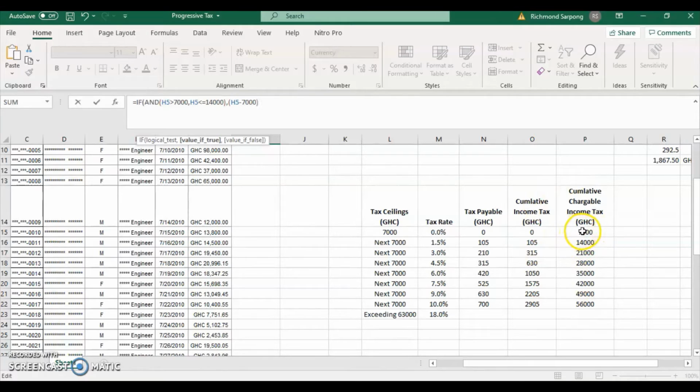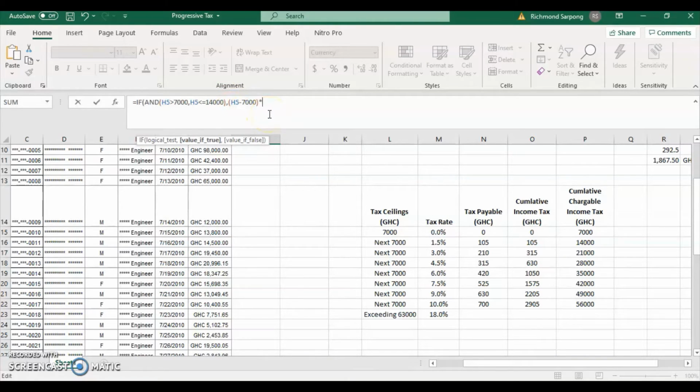So when it exceeds 7,000 and up, charge the rate of 1.5%. So you should subtract. And once you subtract this greater than 7,000, you get some difference.